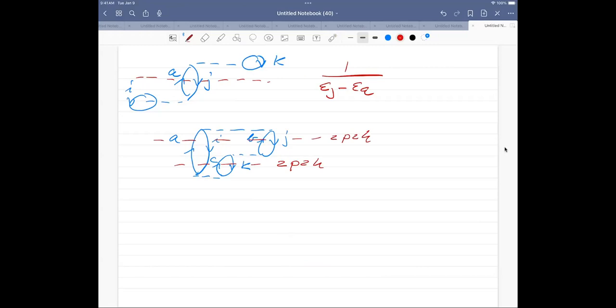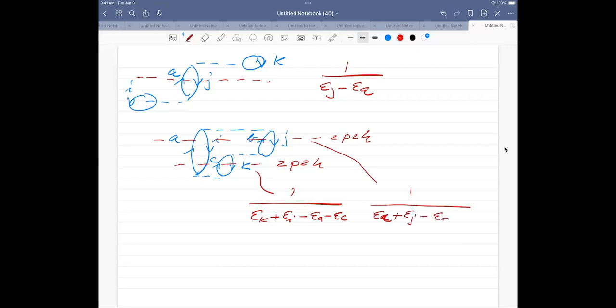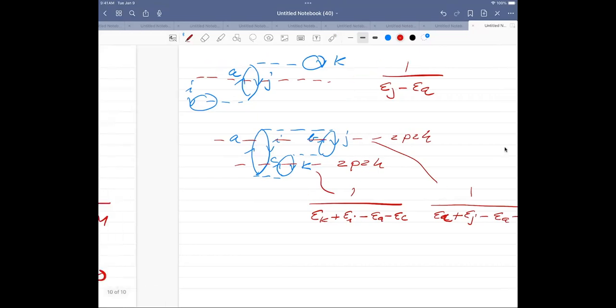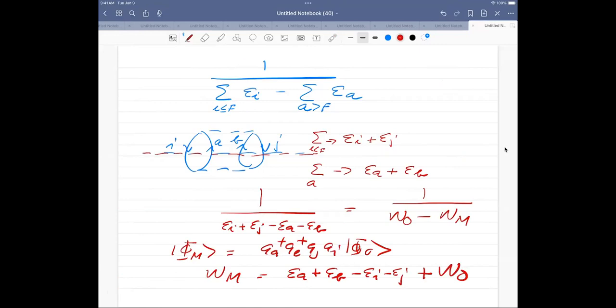Now the energy denominator here, if I use the same rule, would give me epsilon K plus epsilon I minus epsilon A minus epsilon C. And then the next denominator would give me epsilon I plus epsilon J minus epsilon A minus epsilon B. If I were to calculate the unperturbed energies for these intermediate states, I would get exactly the same kind of contributions, which I can just read off from the diagram.